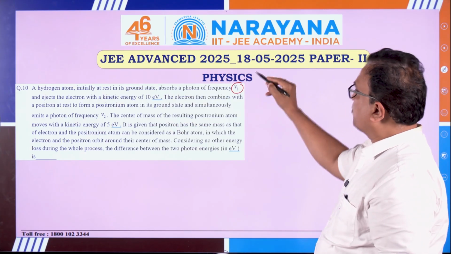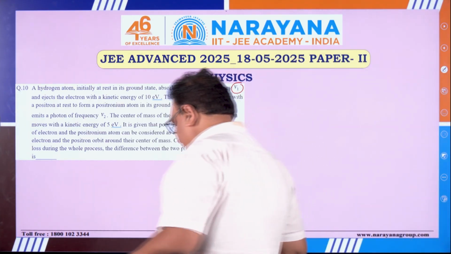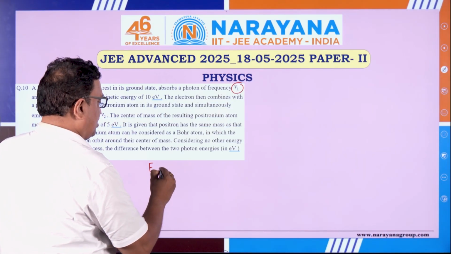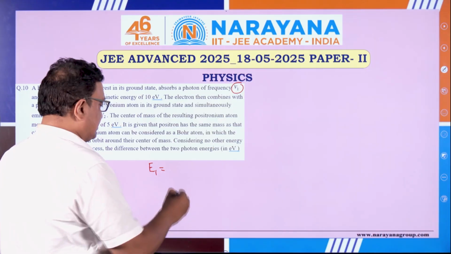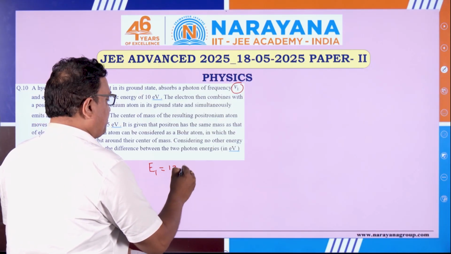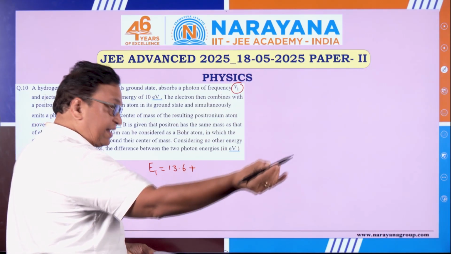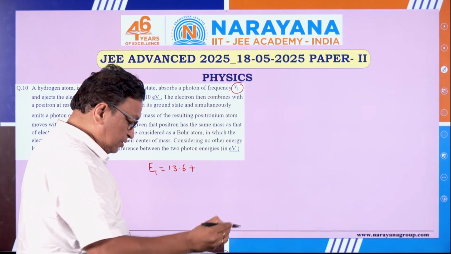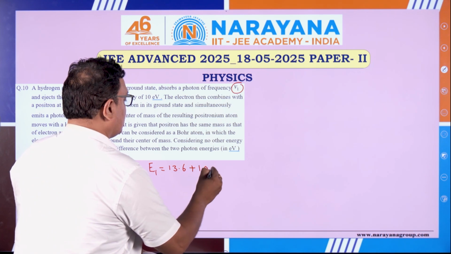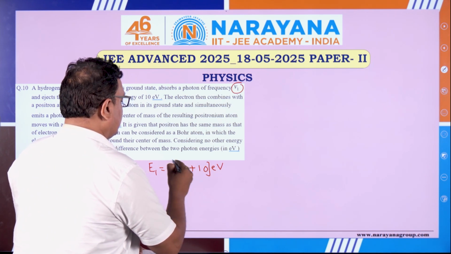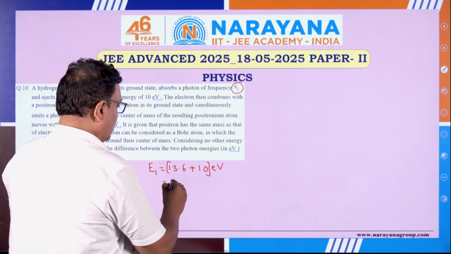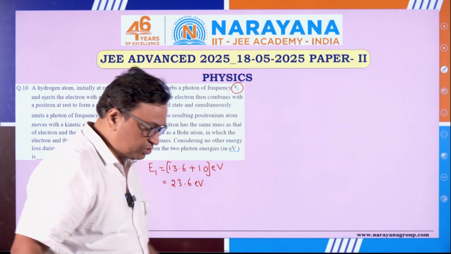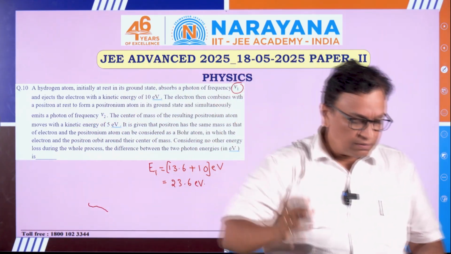The corresponding energy is nothing but 13.6 plus whatever excess, that's in the form of kinetic energy, which is 10 electron volts. Totally, this is 23.6 electron volts. Proceed further.